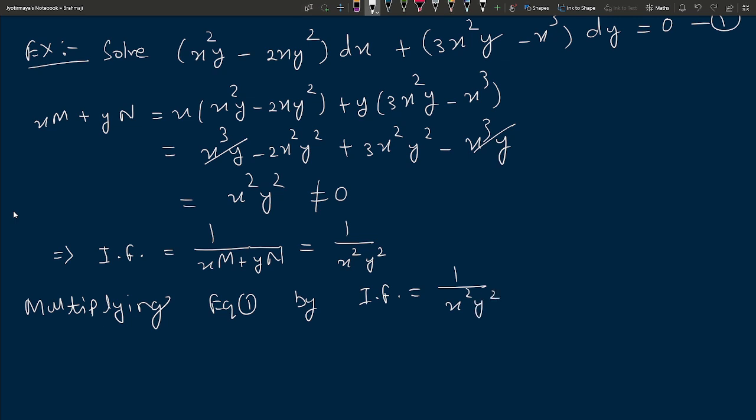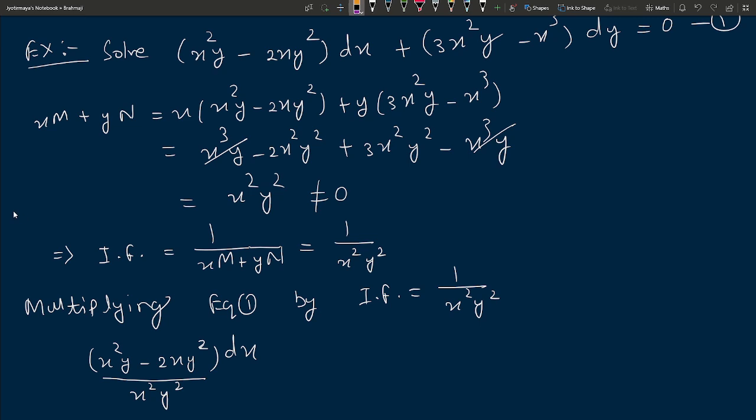Now equation 1. So multiply this by 1 by x square y square, that is (x square y minus 2x y square) into dx, divided by x square y square.